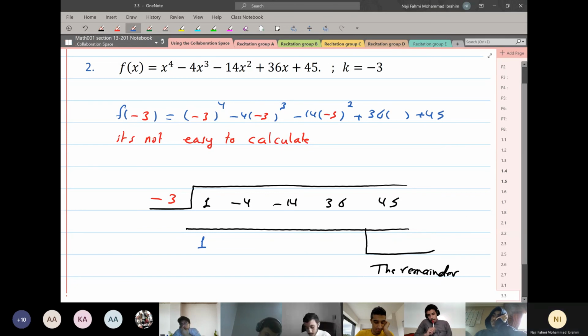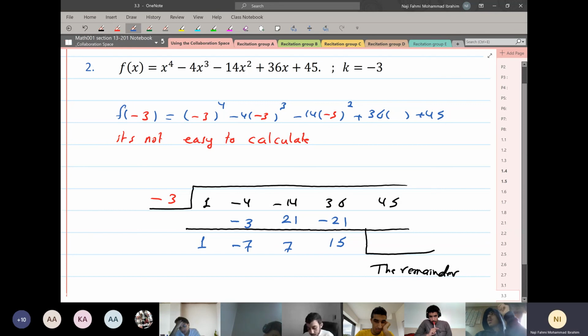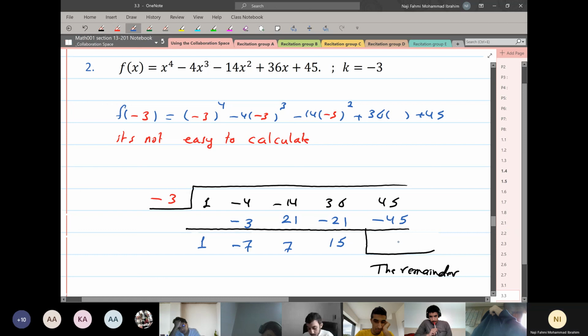Negative 3. Continue. 21. 7. Negative 21. I'll help you with this one. Negative 45. 0.